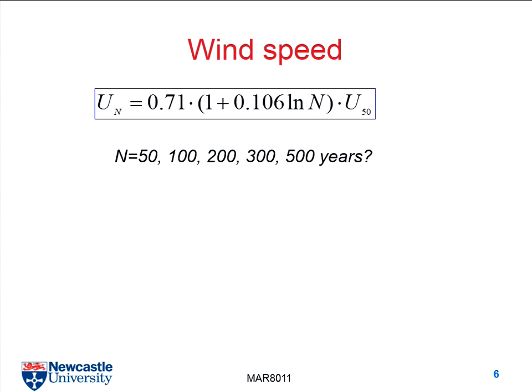If I use a 50-year return period, and I tell you that it is 10 meters per second, can you tell me how to get the 100-year return period estimation and the estimation for the 200-year period, or even longer, the 500-year period? I can give you 3 minutes, okay?